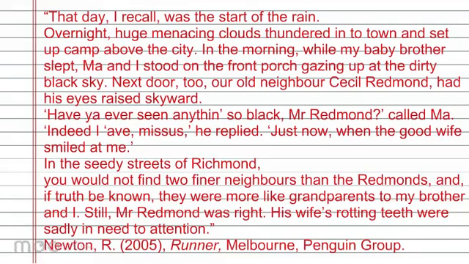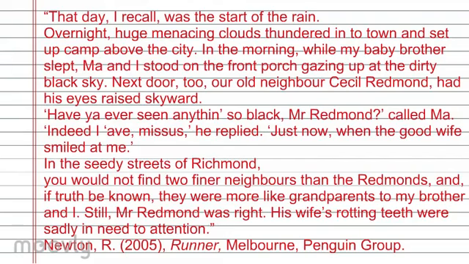That day, I recall, was the start of the rain. Overnight, the huge, menacing clouds thundered into town and set up camp above the city. In the morning, while my baby brother slept, Ma and I stood on the front porch gazing up at the dirty, black sky. Next door, too, our old neighbour, Cecil Redmond, had his eyes raised skyward.